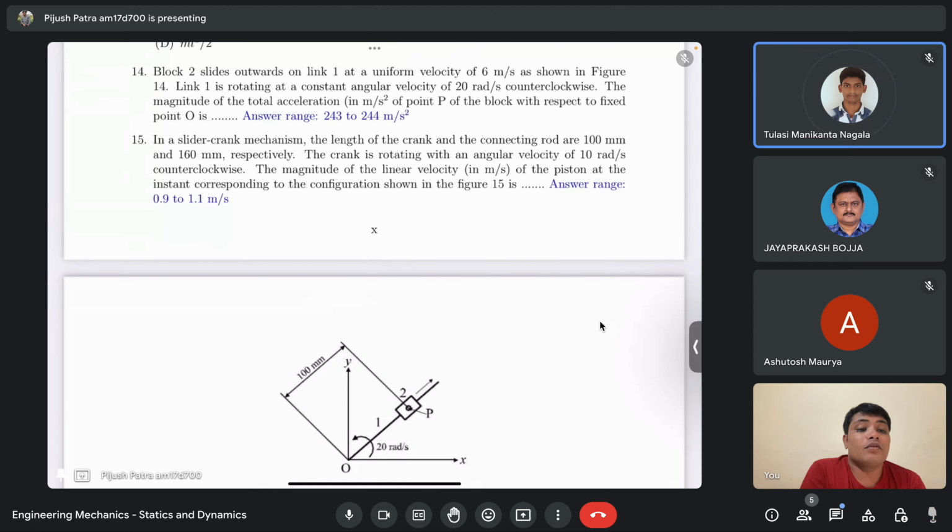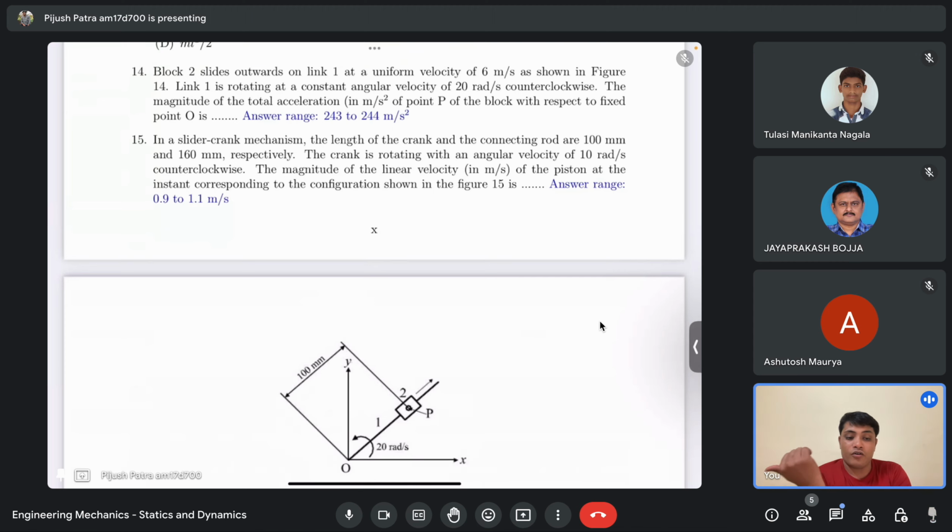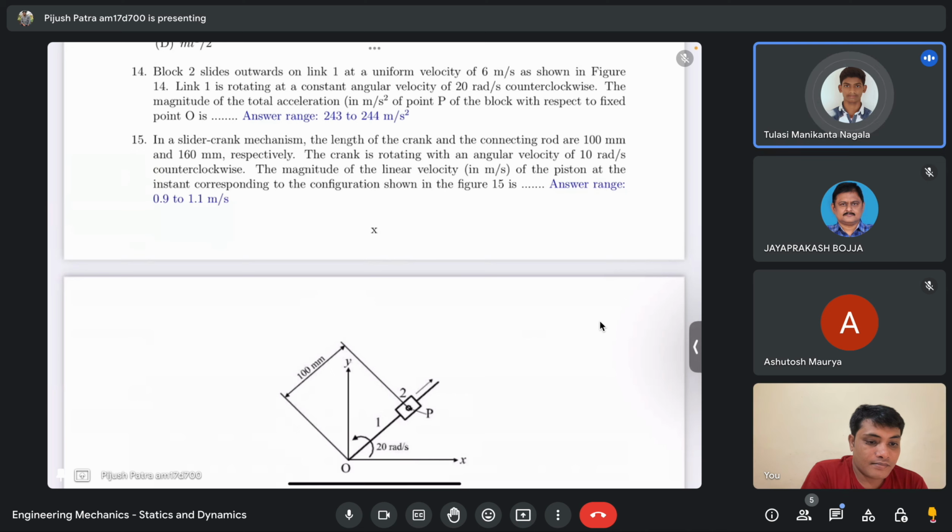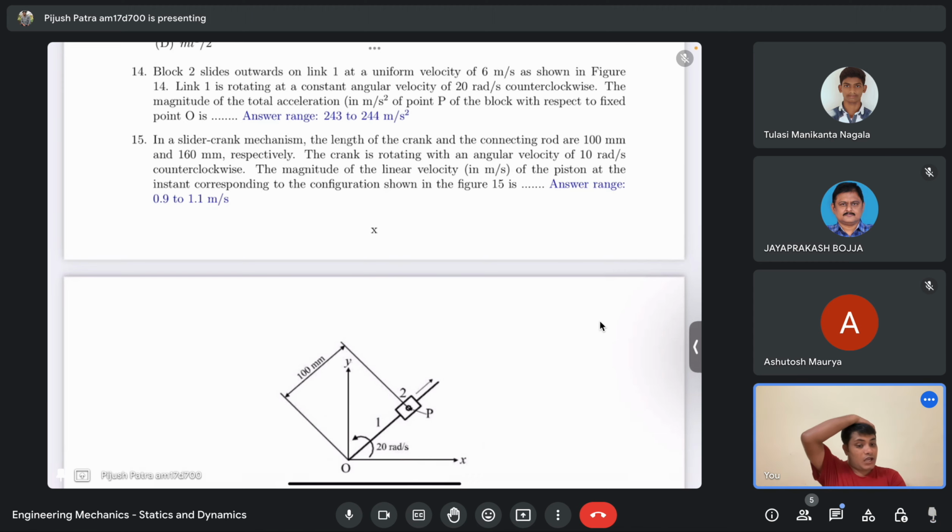X and Y. My question is, what will be the direction of that acceleration? Will it be towards point O or away from point O? Towards point O. Why should it be towards point O? Why not away from point O?